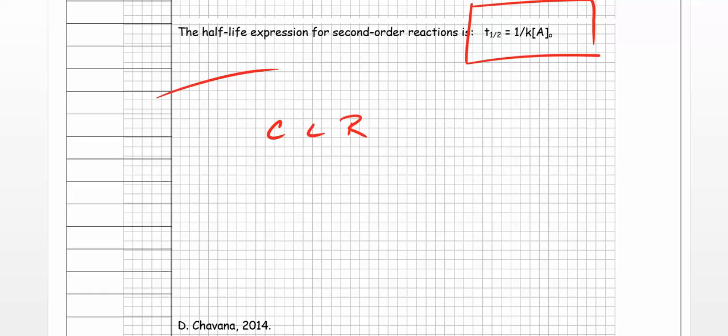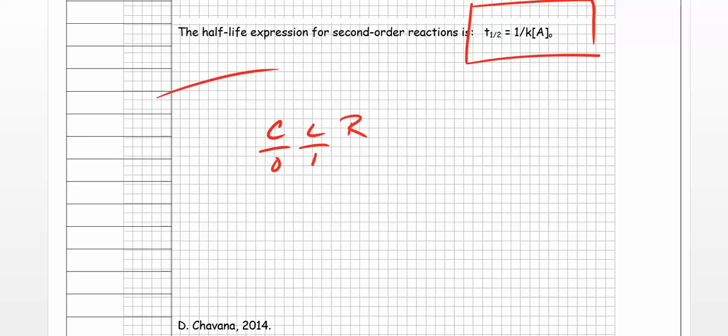If you plot concentration versus time and you get a straight line, that's a zero order reaction. If you plot the natural logarithm of concentration versus time and you get a straight line, that is a first order reaction.